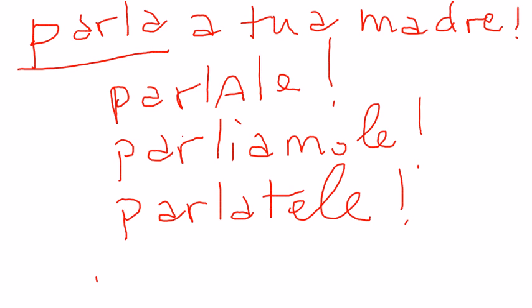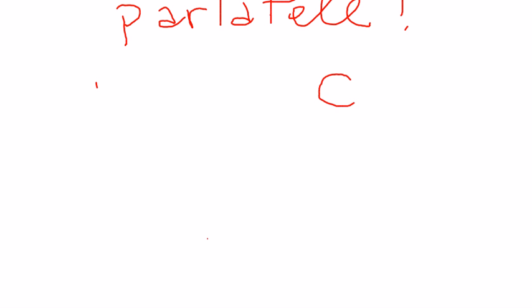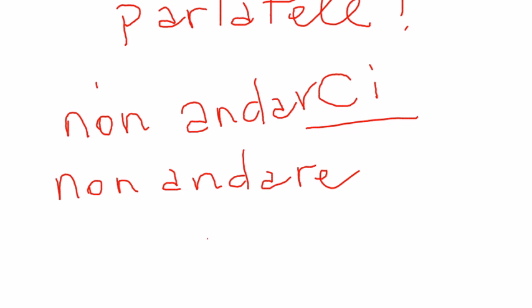Let's close this class with the forms of the imperative with ci, location. So if I say, for example, non andarci, I am just saying non andare, which is the basic tu command, not to go, and I would add a ci, that means there.